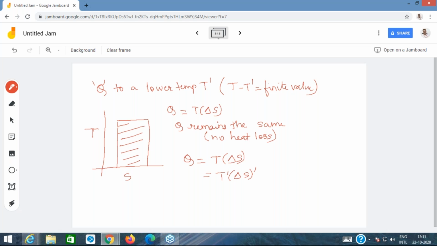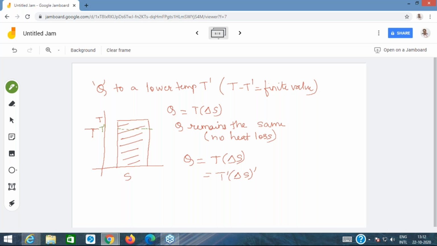Where you know for sure that this T dash, which I will show in green, has to be lower than this. So T dash is a temperature lower than T, such that T minus T dash is a finite value.